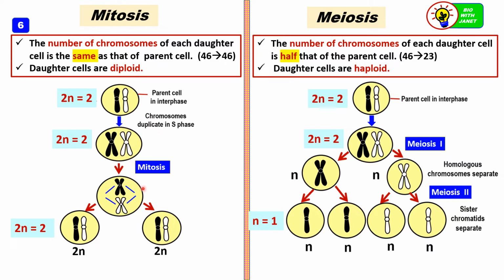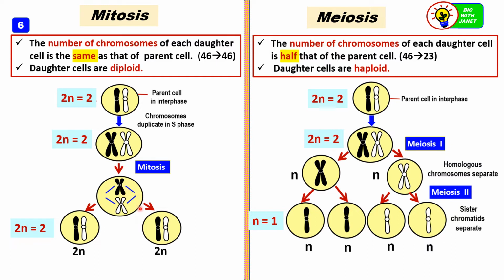So in mitosis, the chromosomes will first of all be arranged at the equatorial plane in metaphase. After that, the sister chromatids will separate from each other and be pulled to opposite poles of the cell. So each cell will have 1 sister chromatid from each chromosome.